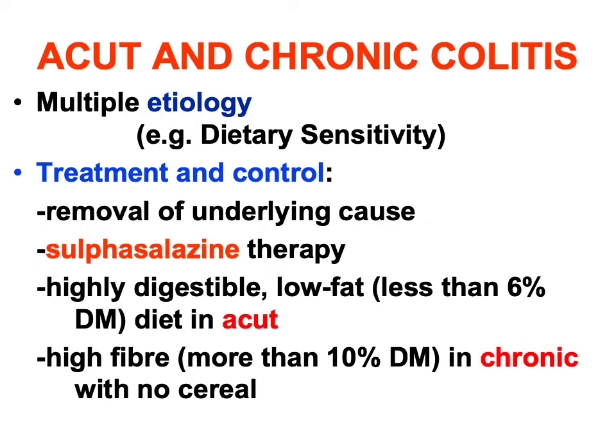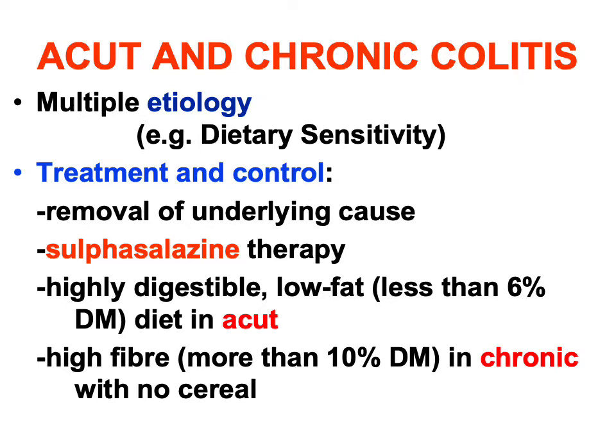We have to concentrate on the treatment and control. First of all, we have to remove the underlying causes. Second, sulfonamide therapy turned out to be very beneficial. For example, sulfasalazine therapy sometimes is better than the antibiotic therapy.